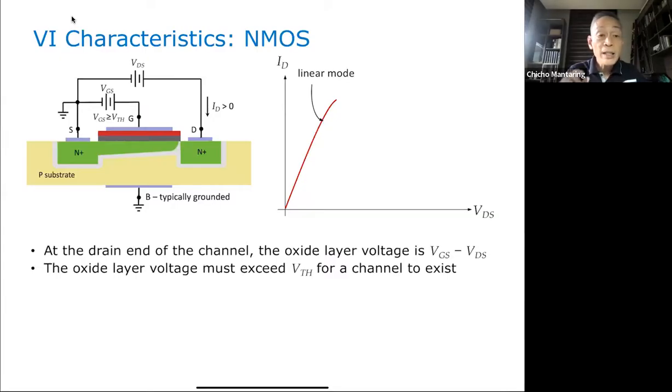Okay. The oxide layer voltage must exceed VTH. So the voltage across this oxide layer must exceed VTH for a channel to exist. Now what will happen if we continuously increase VDS? Continuously lumiliit yung electric field dito. Paliit ng paliit yung electric field dito. Up to the point where the electric field here will disappear.